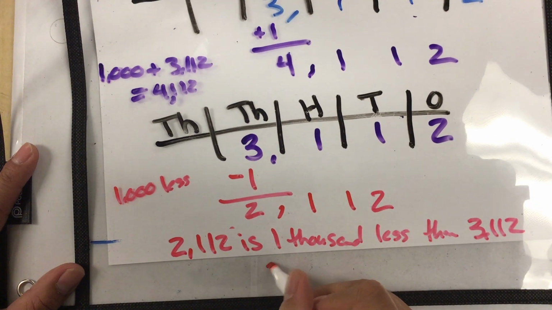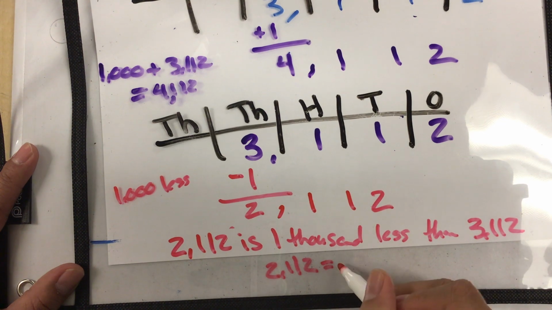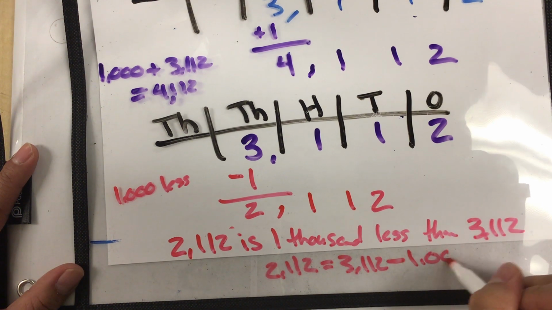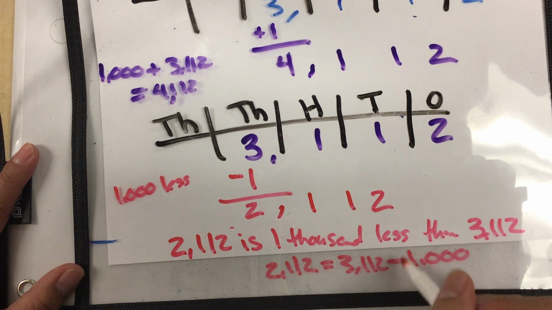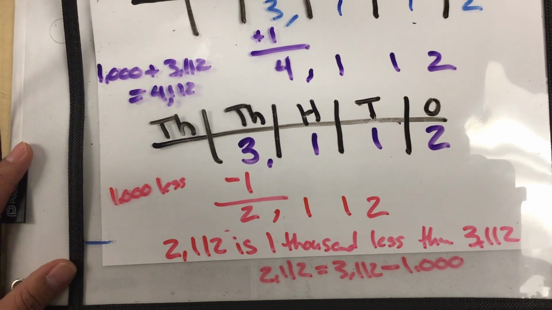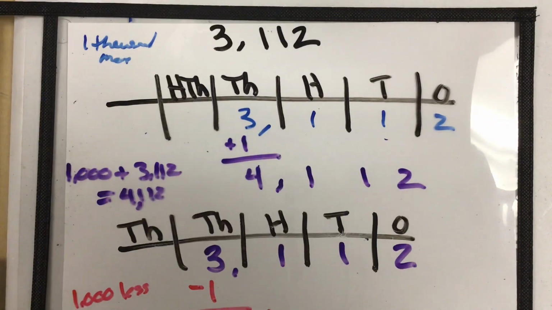That just means 2,112 is equal to 3,112 minus 1,000. Because remember, the less than is always going to be minus, and we want the bigger number in front. So that's how we look at subtracting or adding thousands.